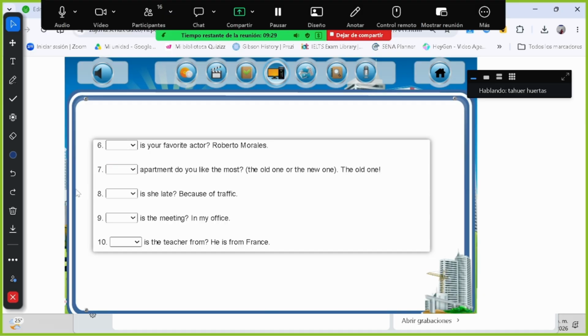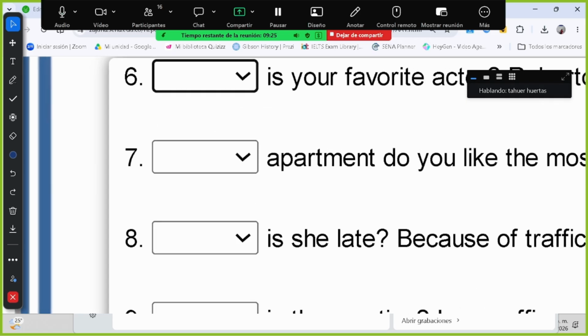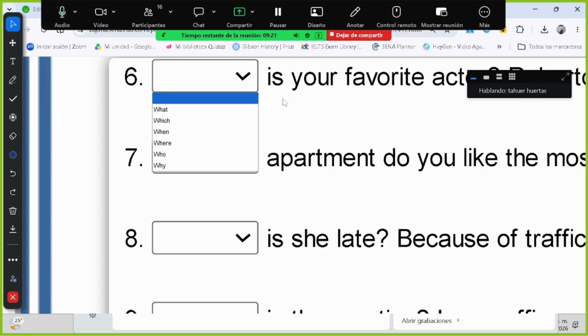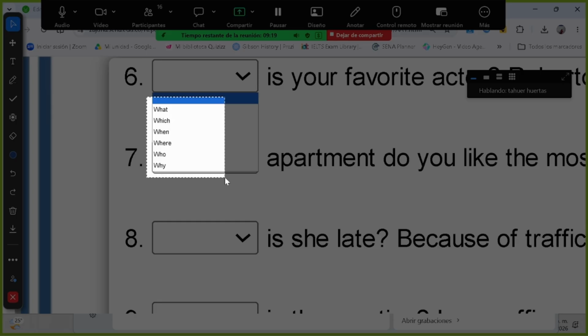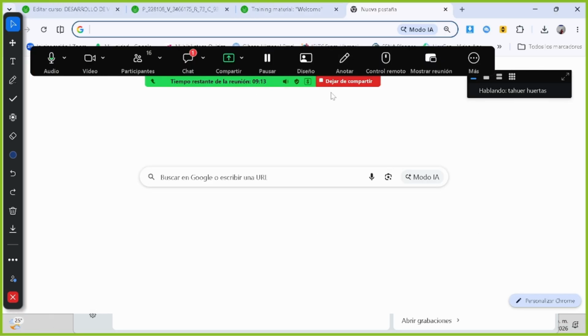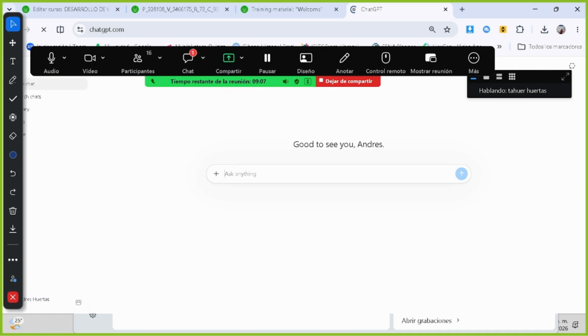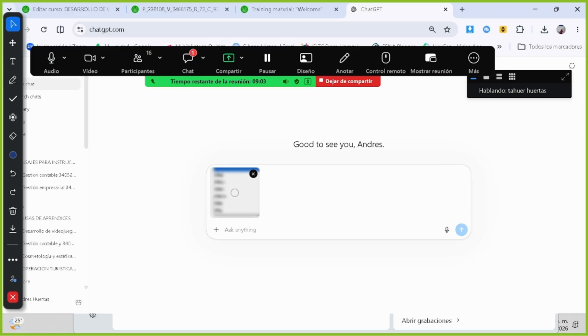Okay, here we have more questions. Well, if you don't remember the use of these words, we can ask the artificial intelligence to explain to us. Okay, this is also a very good practice to learn English.